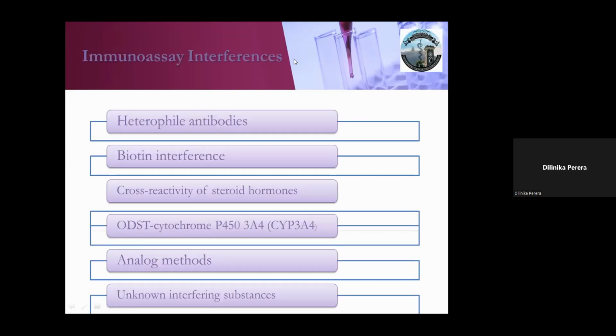I think we had a good lecture on immunoassay interference. The causes include heterophile antibodies, nowadays biotin interference, cross-reactivity of steroid hormones, the cytochromes for cortisol assays, analog methods, and there are substances which we don't know. There are a lot of substances which cause interference to our techniques and methods, but we couldn't identify them.